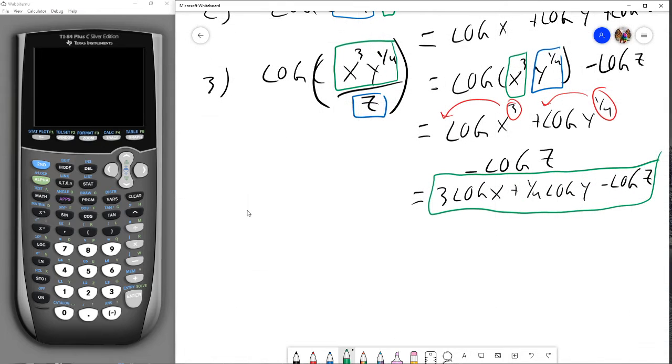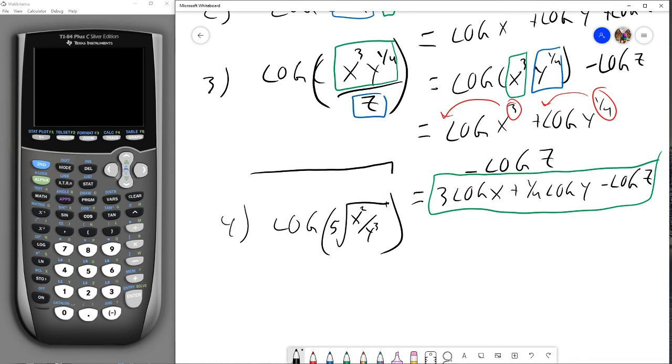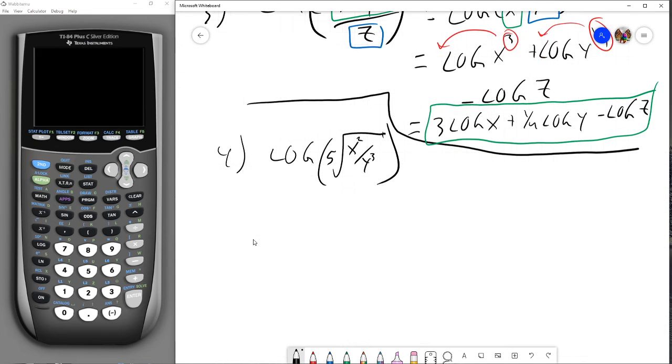Now, I might try and trip you up with this one. Log of, how about, the 5th root of x squared over y cubed. That's a weird one. I should have made it more obvious that that is nothing to do with that. Anyways, we have the 5th root of x.